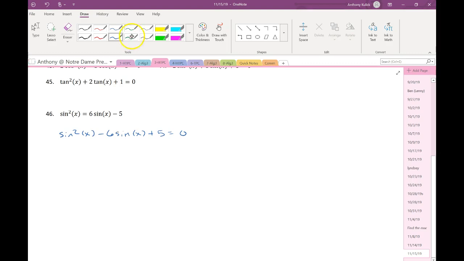Now I'm going to imagine, instead of this having sines in it, it just has y's, to make it a little easier to see how to do the factoring. You don't really need to do this, but it helps. So how would I factor y squared minus 6y plus 5?